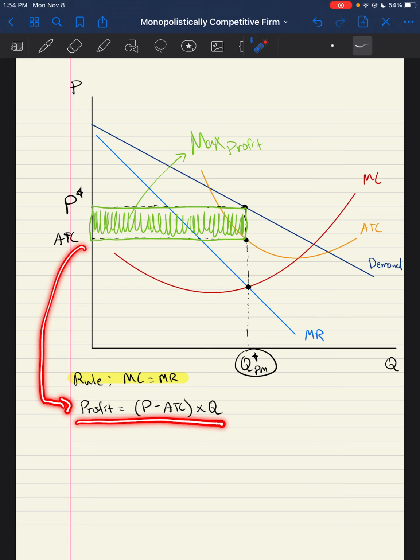Our profit is P, the price that we are selling this good or service at, which is now determined by the demand curve, minus the average total cost for a single unit, times quantity. Great. So this is how we're going to find our maximum profit, both using expressions or simply looking at it visually.